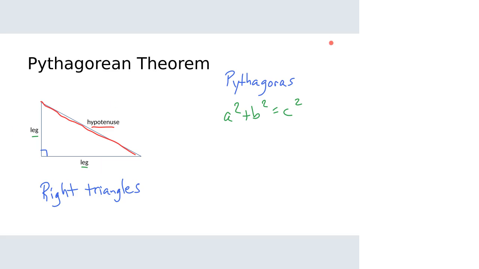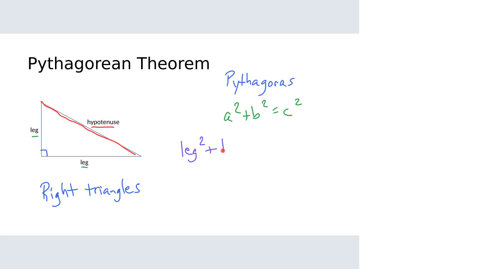Since those are variables, if I wanted to, I could call the hypotenuse a and this leg b and this leg c. There's nothing wrong with that. They're just variables. I can put them wherever I want. And if I were to label my sides that way, now this doesn't work anymore. So a squared plus b squared equals c squared is great as long as you've labeled your triangle in a specific way.